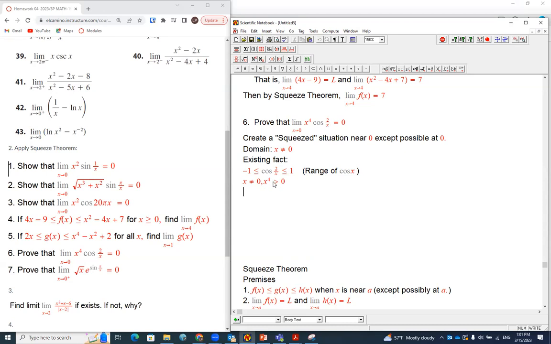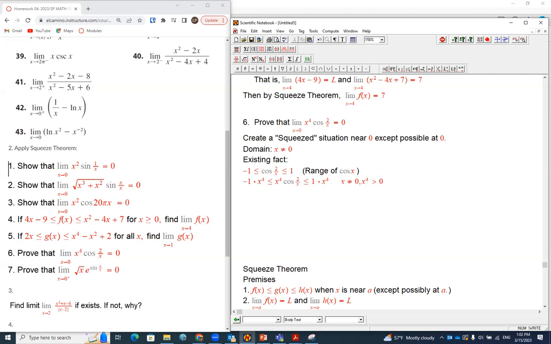So we're going to multiply this positive number on each side of this inequality, i.e. multiply by x to the power 4 here, and multiply x raised to the power 4 here.